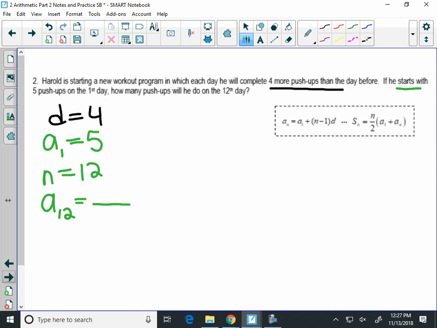I don't know. Alright, well let's find out. So again, if we're looking for A sub N, we use our sequence formula. A sub 12 equals. We put in 5 for A sub 1 because that's what we identified as our first term. Plus our common difference of 4 times 12 minus 1.